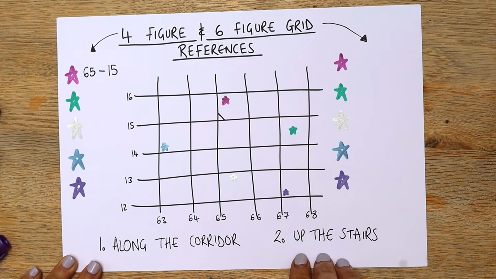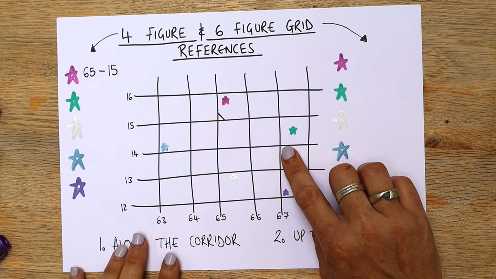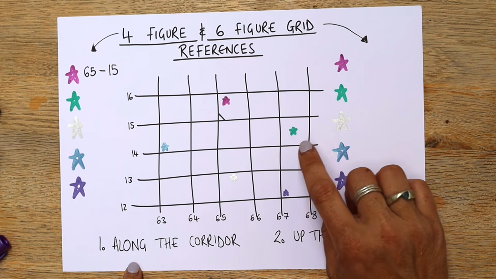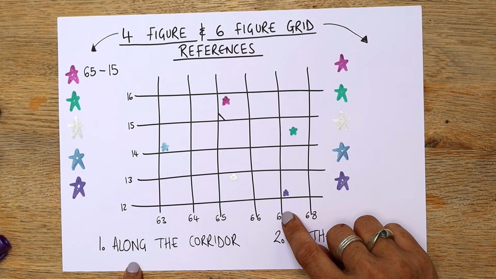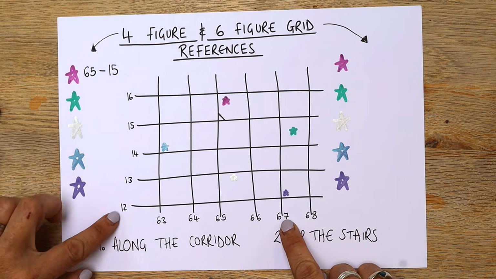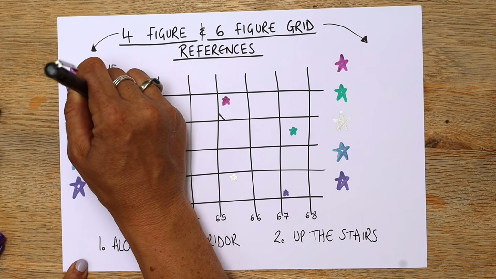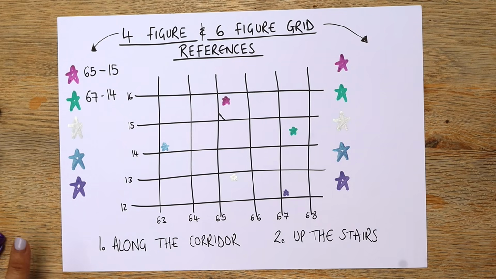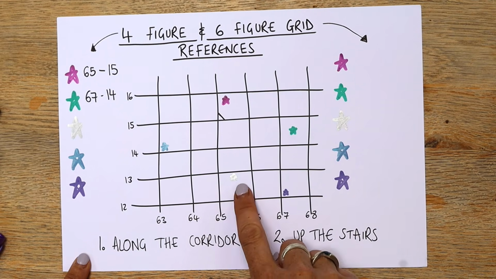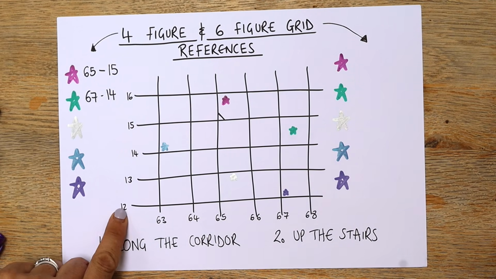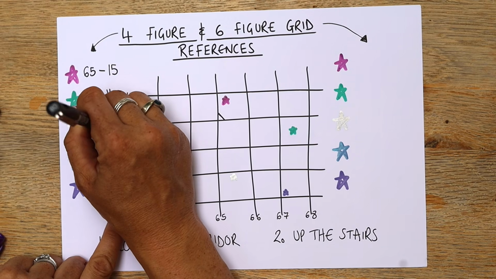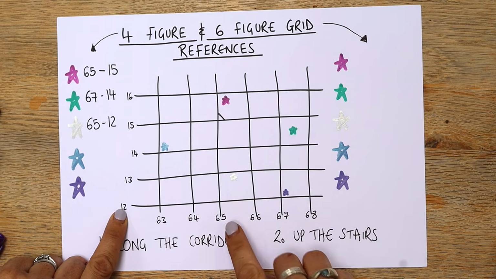Okay, I'm going to do that for the rest. I'm going to look for that bottom left-hand corner for the green box. There it is. So I'm going to go along the corridor to 67, up to 14. 67, 14. Then I'm going to go along the corridor to 65, then 12 for the silver star.